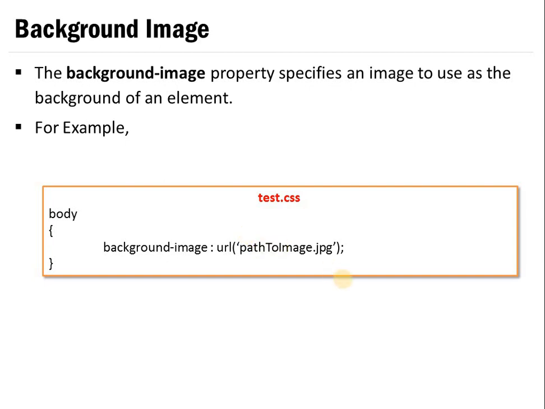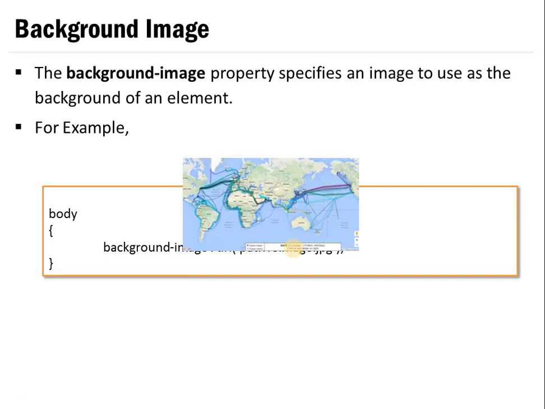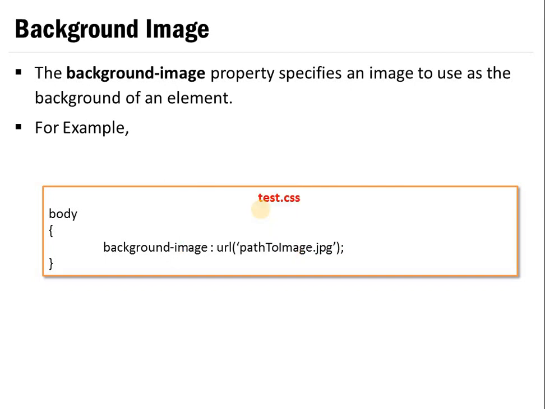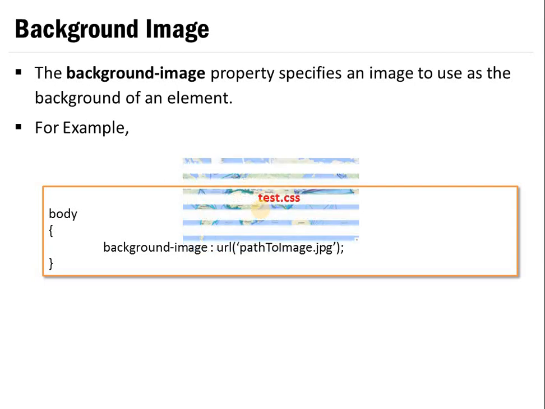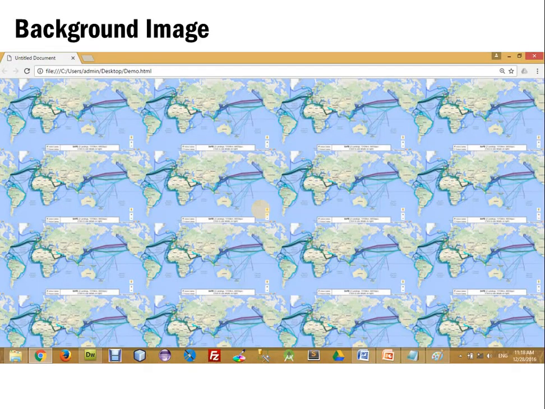For example, over here, path to image. Okay, so this is my image. You just need to set your path, and it can be in double quotation marks or single quotation marks. For example, this is my image and I want to set it as my background image, then this is the code that I just need to write, just a single line of code. And you can see this output like this.